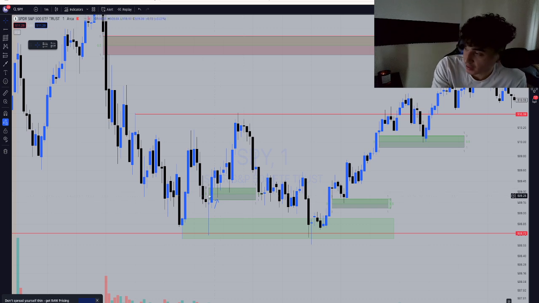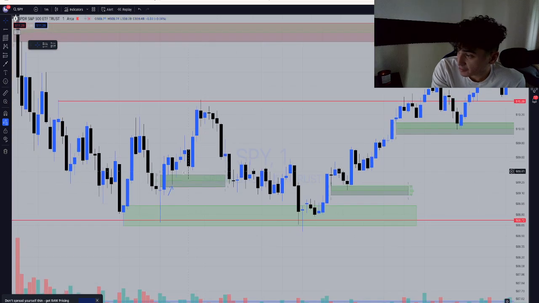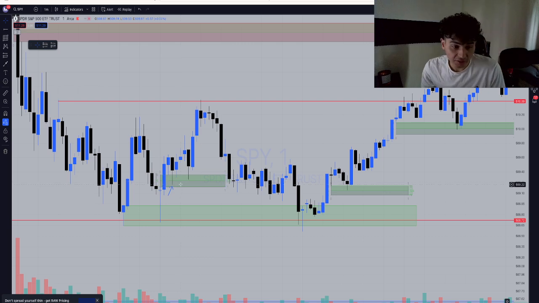So let's say that price taps into the fair value gap and we don't see that initial reversal. We want to wait till price taps into this 0.5 mark, which is the halfway point of the fair value gap, to actually understand if we will get that initial reversal from that fair value gap.